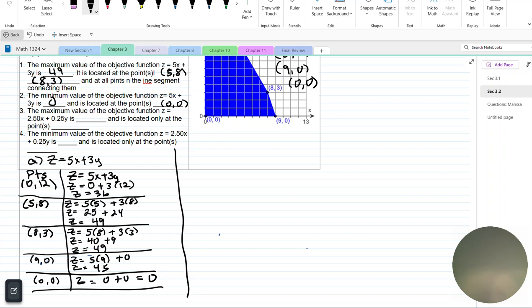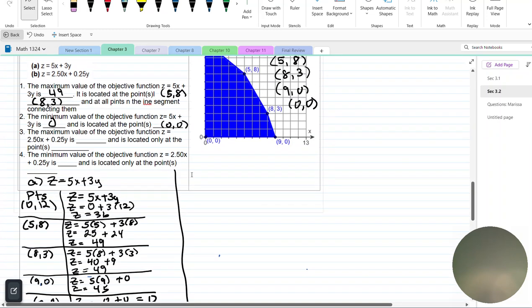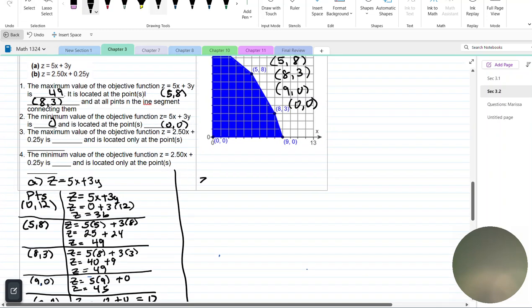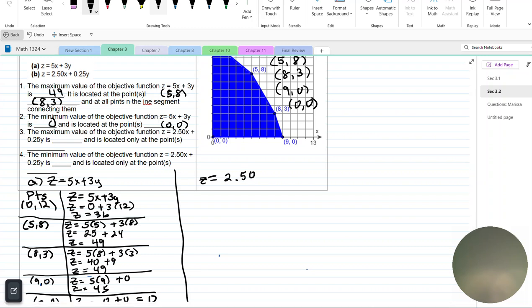This one is 2.5x plus 0.25y. All right, so we're doing our points.